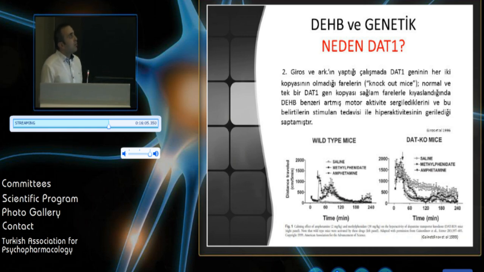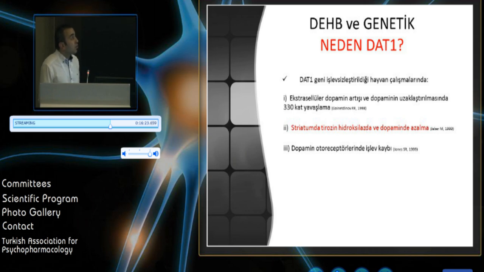Secondly, DAT1-carrying rats and rats which do not carry the same component are compared to one another. There is an increased motor activity in the first group, and they respond to the stimulating agent treatment.